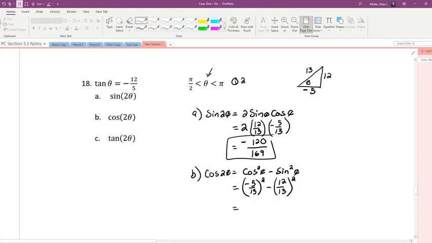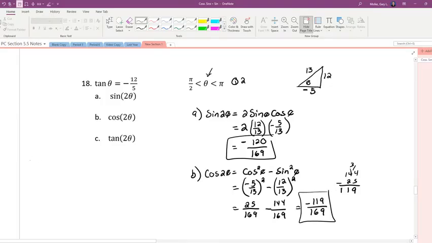So I get 25 over 169 minus 144 over 169. And so what do we got? 144 minus 25. Carry the 1. I get 9 and a 1 and a 1. 119. Looks right. So negative 119 over 169.